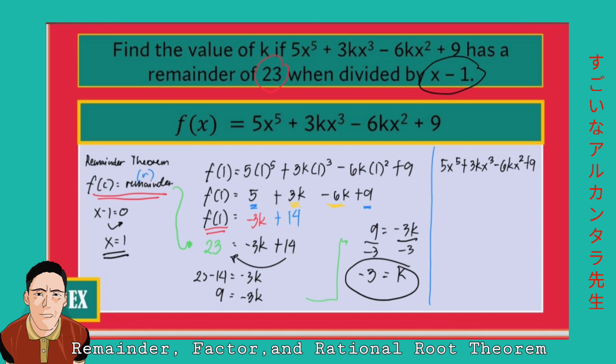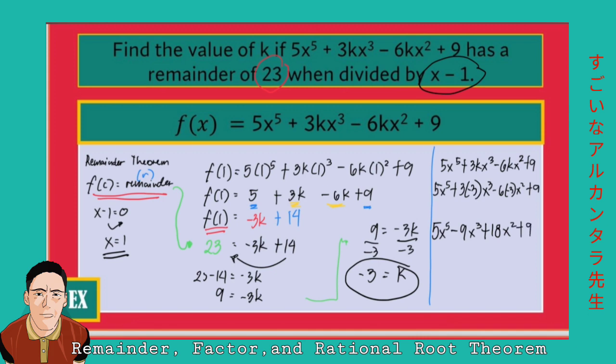We're going to have 5x raised to 5 plus 3 times negative 3 x cubed minus 6 times negative 3x squared plus 9. So our actual polynomial is 5x raised to 5 minus 9x cubed plus 18x squared plus 9.